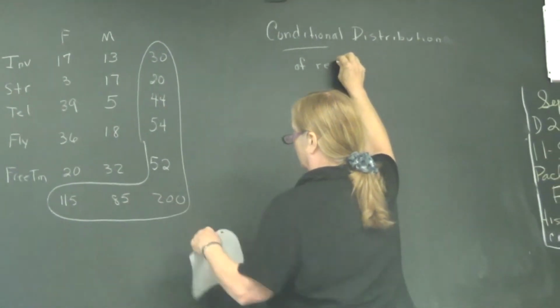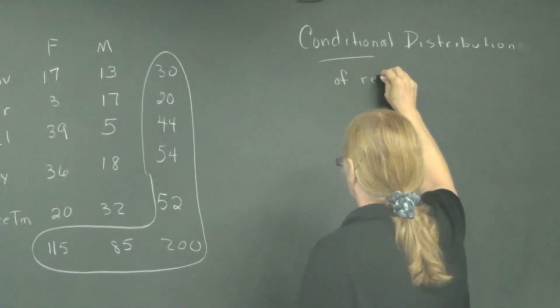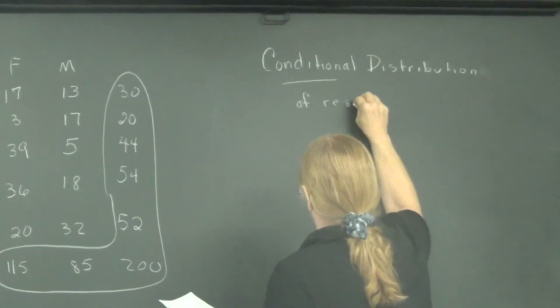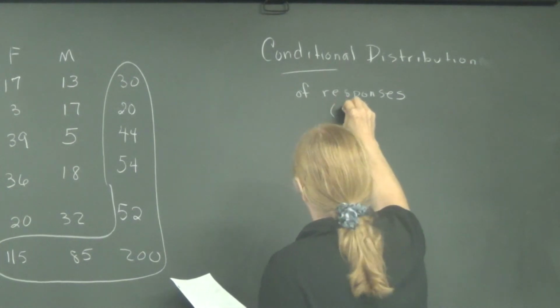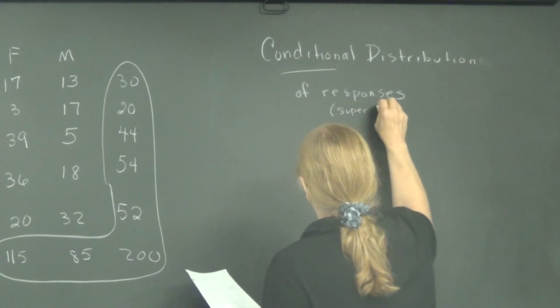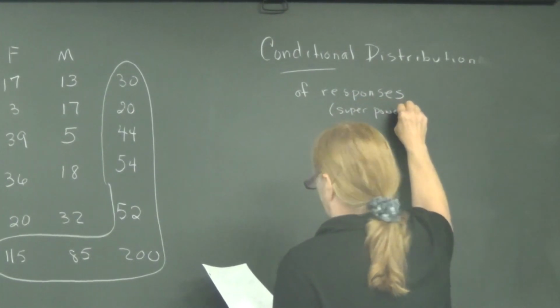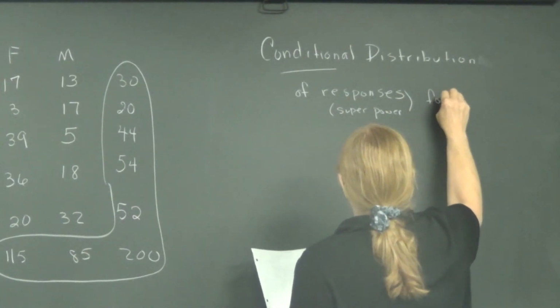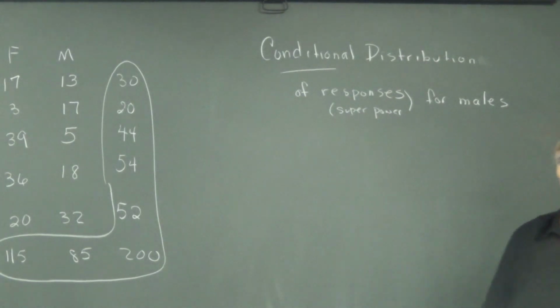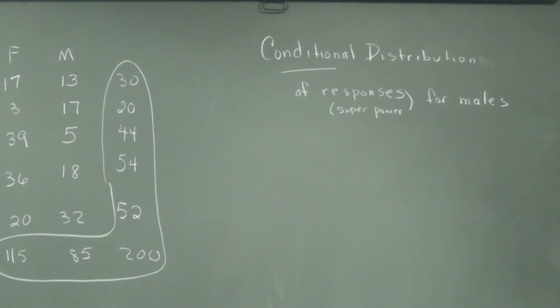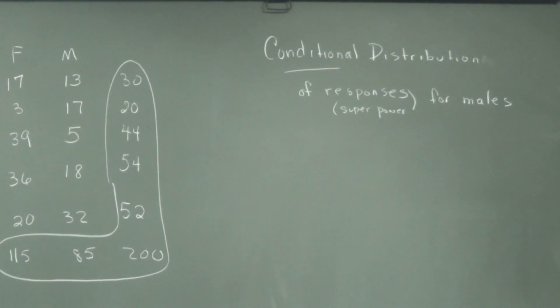These are responses, meaning invisibility, strength, etc. So that's superpowers basically, for males. All right, what condition have I added that I haven't added before? When I'm looking at the responses, I only am going to zero in on the males.